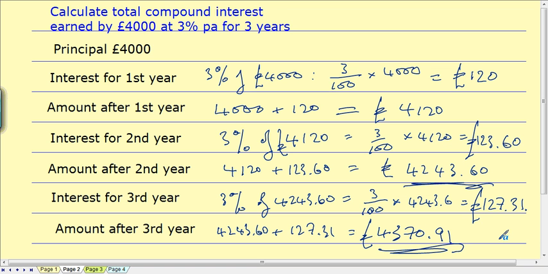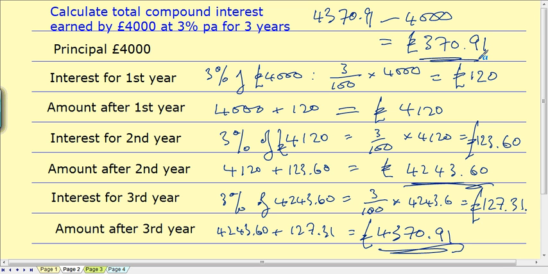So going back to the question, we have to calculate the total amount of interest. So we just obtain that by saying, well, there's our figure at the end, minus the 4,000 we started with, to give us an interest of £370.91.